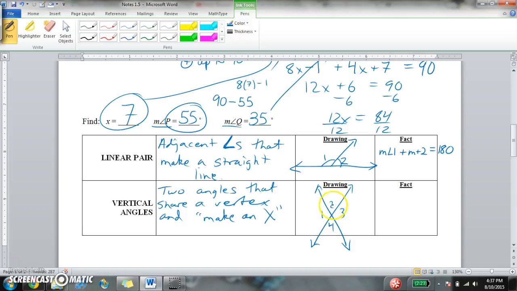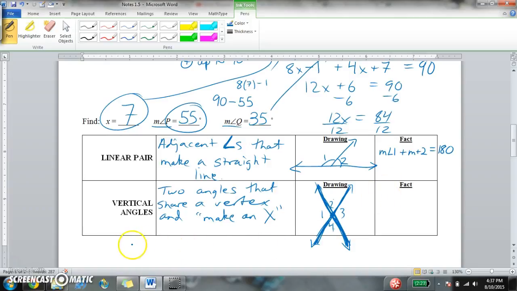So angles 2 and 4 are across from each other. They share a vertex, and together they make this X right here. If I look at it sideways, 1 and 3 also make an X like this. So vertical angles are across from each other, and they share a vertex. And once we do more problems, it'll become clear what vertical angles are.